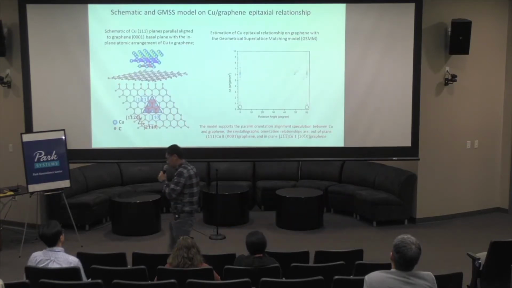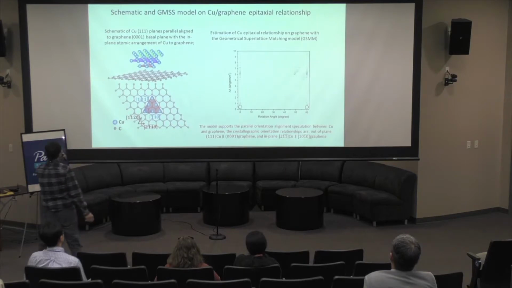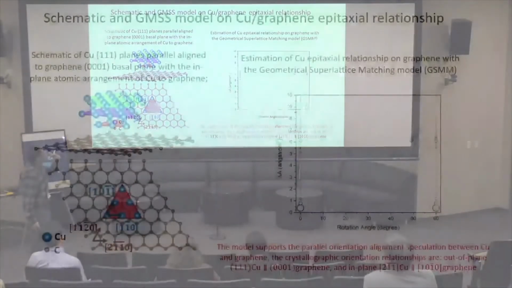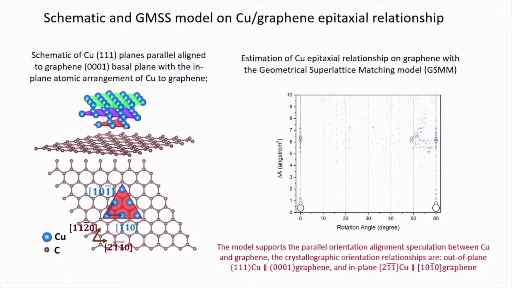So based on those experimental results, we plot the schematic of the copper-graphene epitaxy relationship. The copper 111 direction, the out-of-plane direction, is aligned to the graphene 001 plane, and the in-plane copper 211 direction is aligned to the 10-10 direction of graphene.